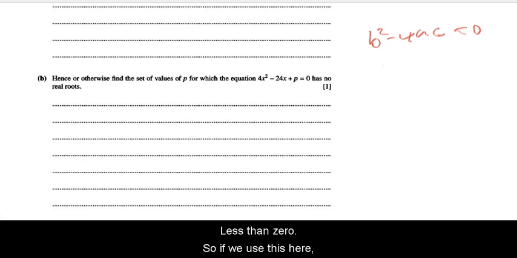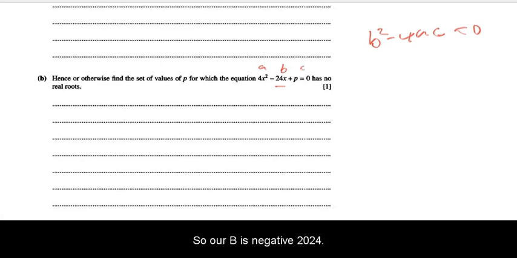If we use this here, our b in this case is negative 24. So this is a, b, c. We have negative 24 squared minus 4ac. Our a is 4 and our c is p. So this must be less than 0.